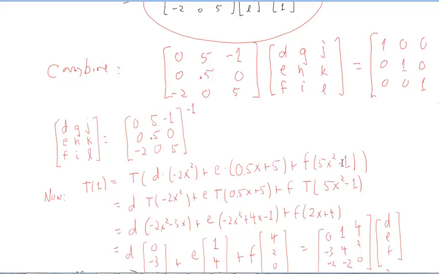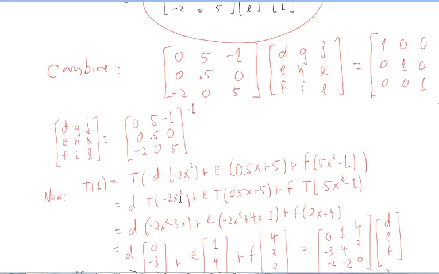Now using the linearity property, I can take these constants D, E, and F out. And I have T of this linear combination is the same linear combination of the individual T's.